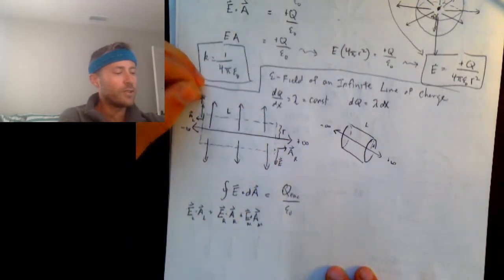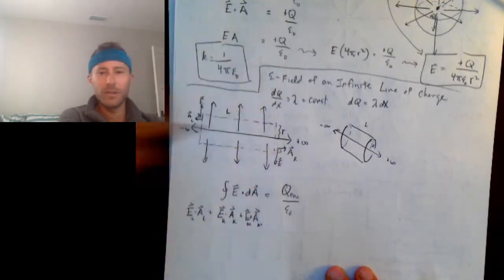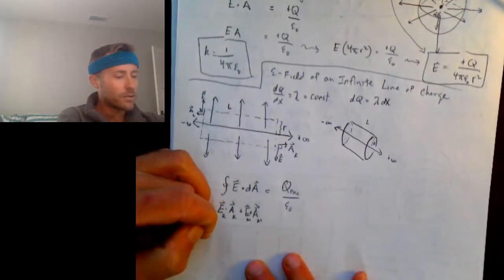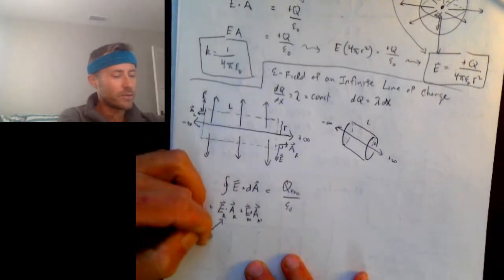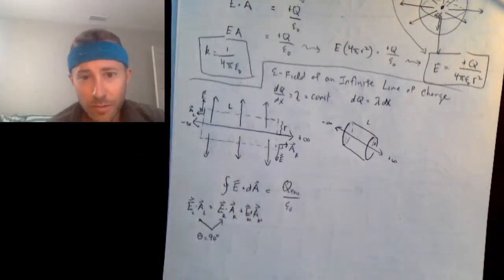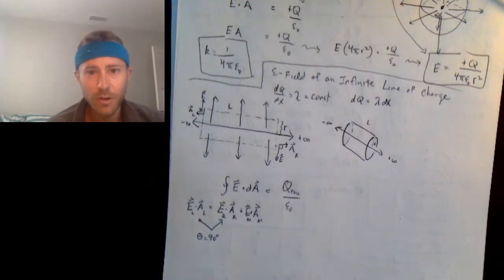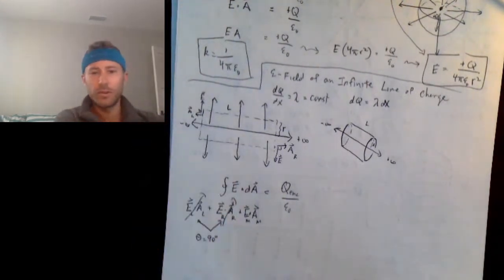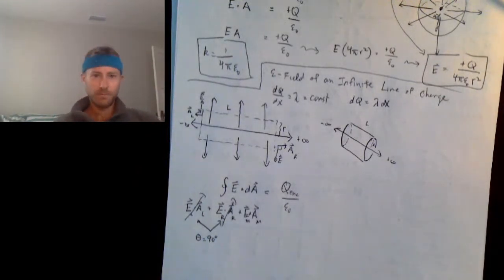So as you can see, the angle between those two is 90 degrees. Okay? So these two both have theta equals 90 degrees. The cosine of 90 degrees is 0. So these two, those two end caps, don't contribute any flux.